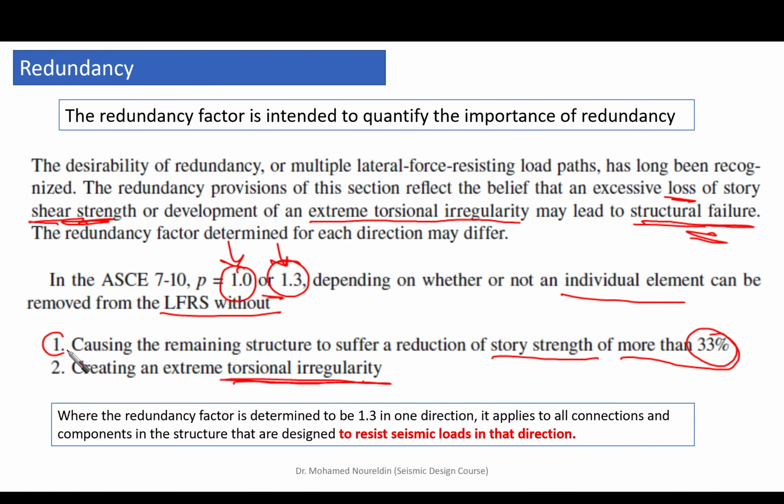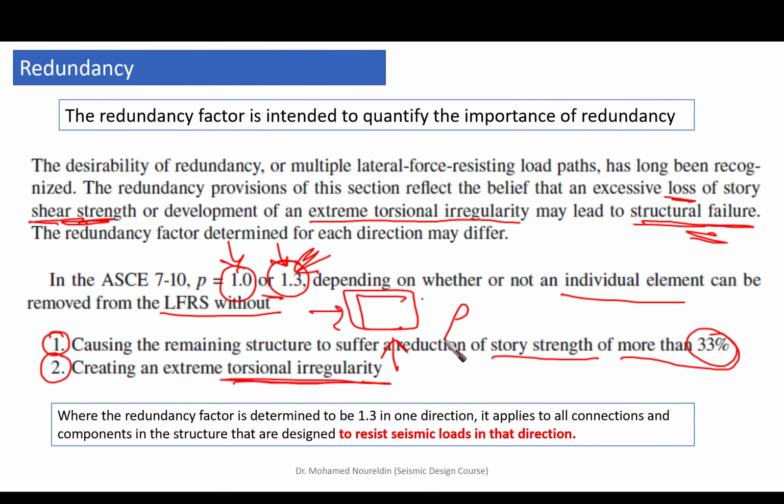So if the element is going to do one of these two things, then we are going to apply 1.3 for all the components, because the redundancy is applied in all directions, so this direction or this direction.